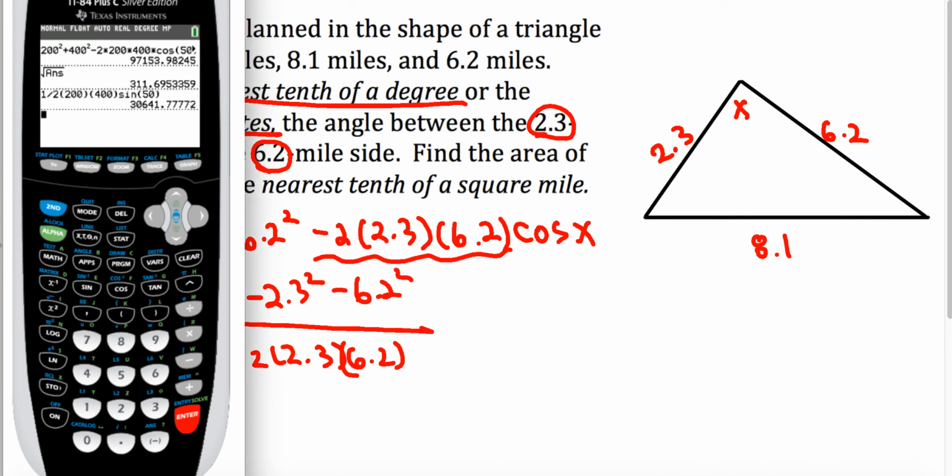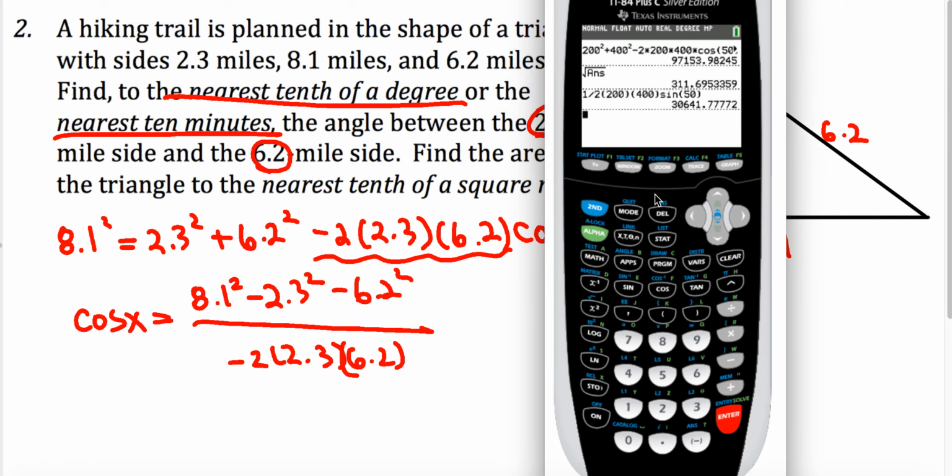Now here it goes. 8.1 squared minus 2.3 squared minus 6.2 squared. Once I calculate that, I'll be dividing by negative 2 times 2.3 times 6.2.